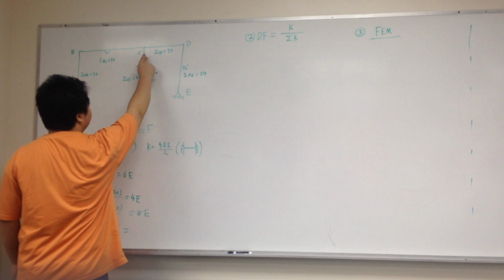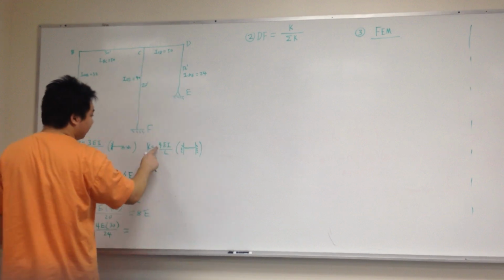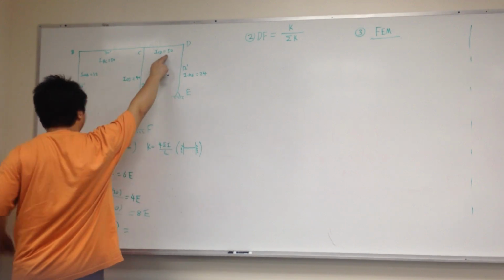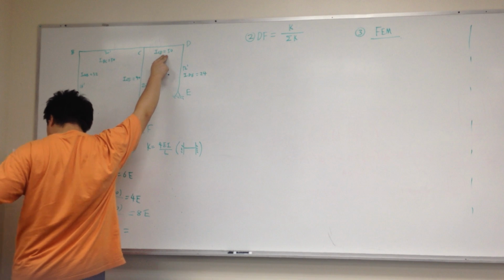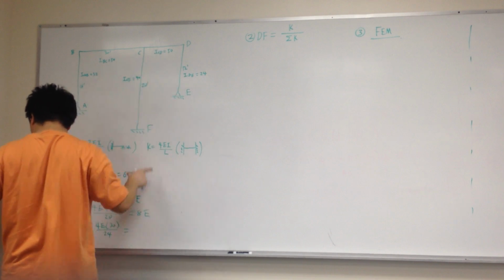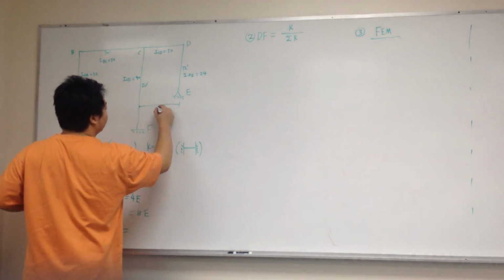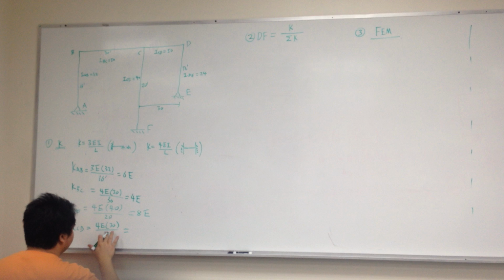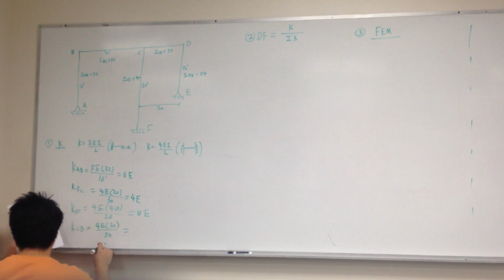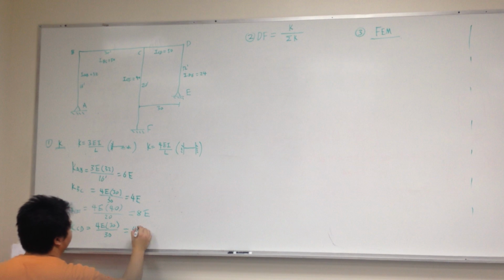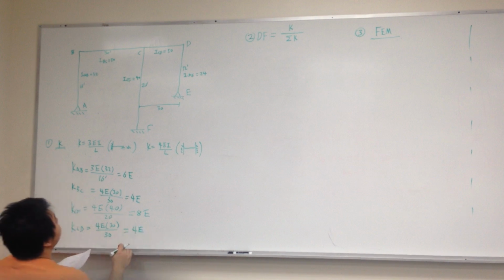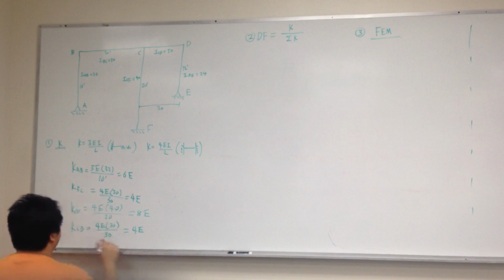This is CD, so you have fixed and fixed, 4 times E times 30. Oh, I'm sorry, the length is 30, not 24. So it should be 4E. Where did the 24 come from? Oh, I see, I think you saw the I. Okay, you can just write it down if you want.